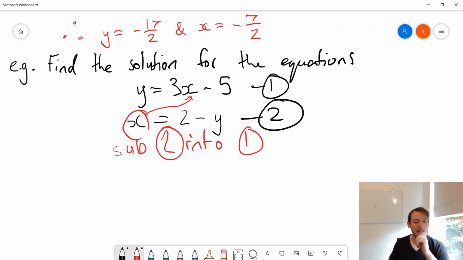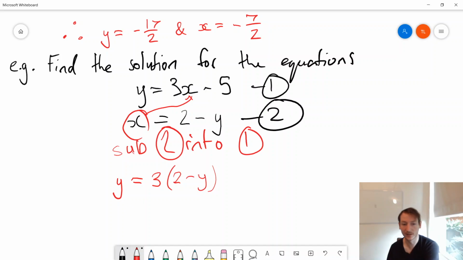So that x must equal 2 minus y. So I'm going to rewrite equation 1 and I'm going to say y equals 3 times, well, instead of x, I'm writing 2 minus y. So remember, x equals all of 2 minus y. It needs to be in the brackets. Minus 5. I reckon the brackets will be our biggest point of error in this question.